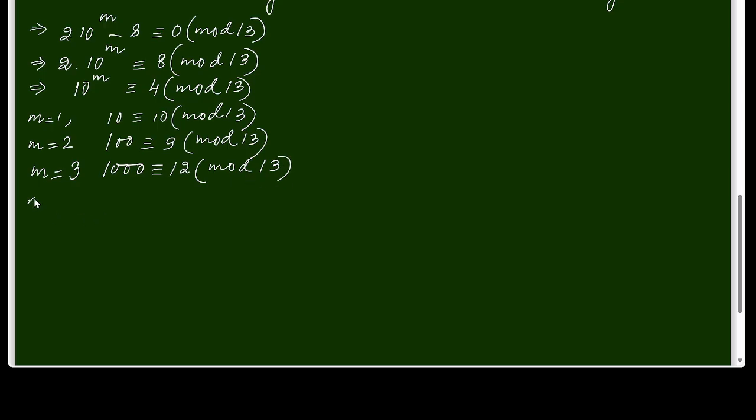And when m equals 4, it will be 10,000. This is congruent to 3 modulo 13. And when m equals 5, 1 lakh, if we divide with 13, it will be 4 modulo 13.